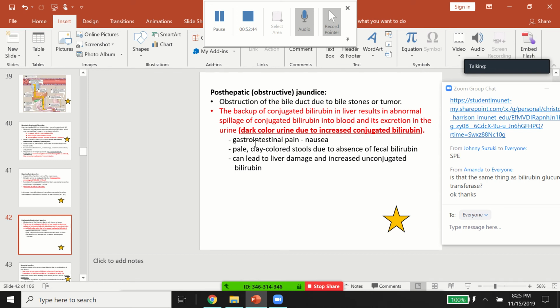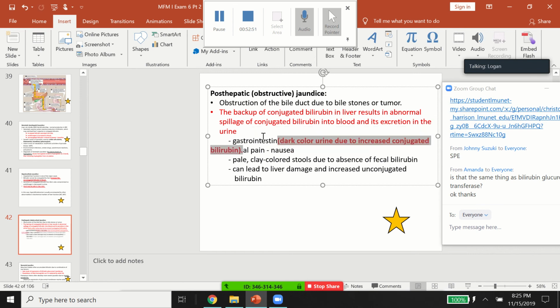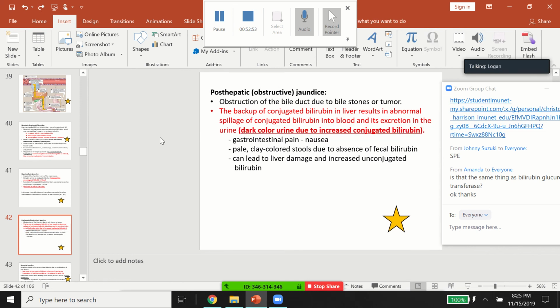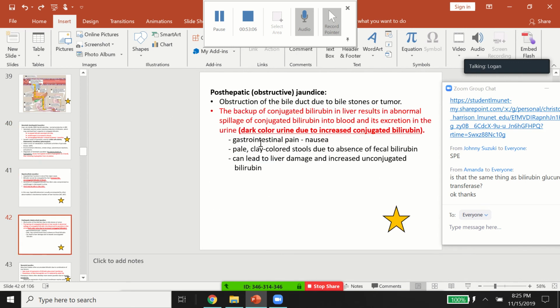Okay? Now, the main difference between all of these, like between this one and the other one, is this point right here, with this whole dark color urine due to increased conjugated bilirubin. So this is the only time that you get an increase really in conjugated bilirubin, except for the other one. I mean, you do a little bit there, but for the most part, this is where you get a ton of it, okay?